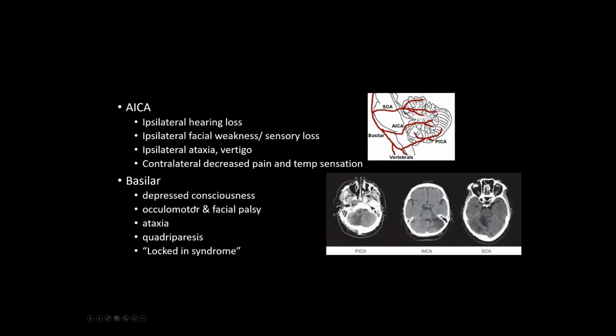Basilar stroke, a really devastating stroke syndrome, which involves that reticular activating system that we talked about earlier, which is why you'll have a depressed level of consciousness. You may have eye movement and facial palsies based on pontine dysfunction, ataxia, and quadriparesis, and ultimately what's a complete infarct will give you the locked-in syndrome, where you really have preserved alertness, but inability to move the face or the limbs.